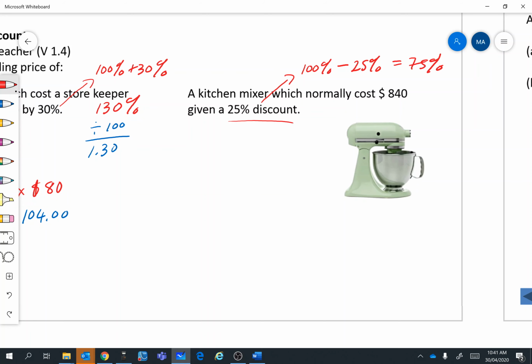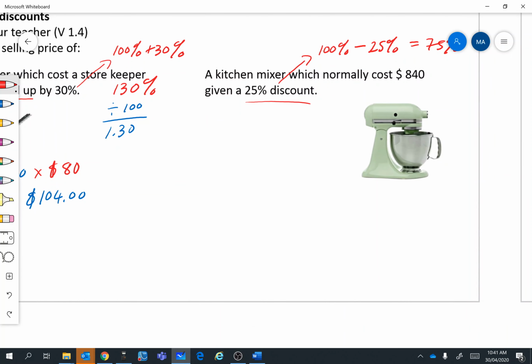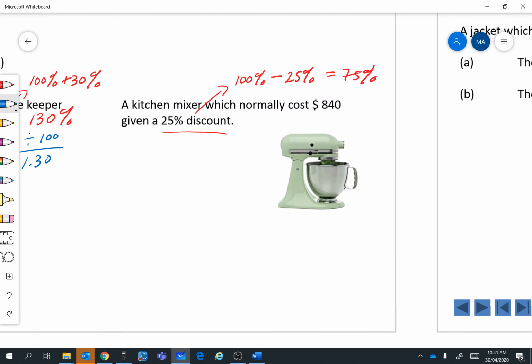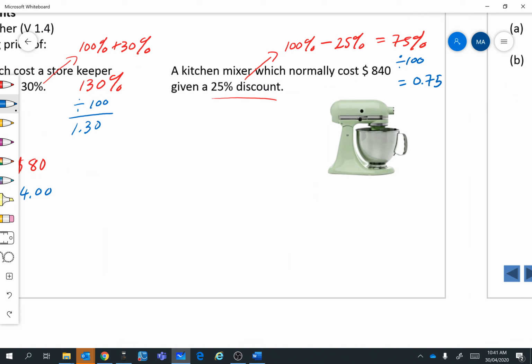of the original there. So once again, we convert that 75% to a decimal by dividing by 100, which gives us 0.75. And if we multiply that by the cost, that will reduce by 25%.